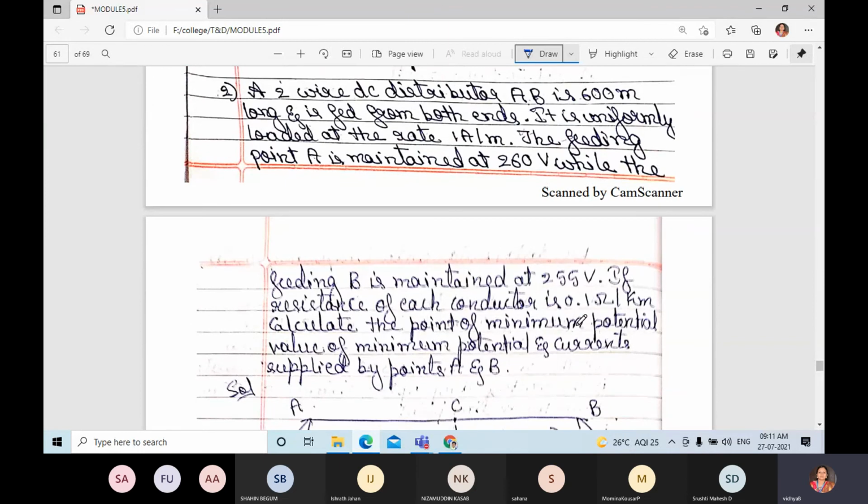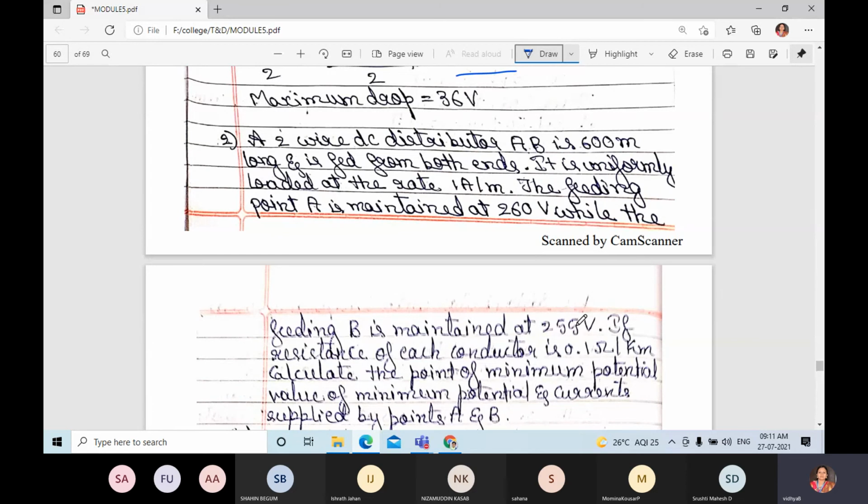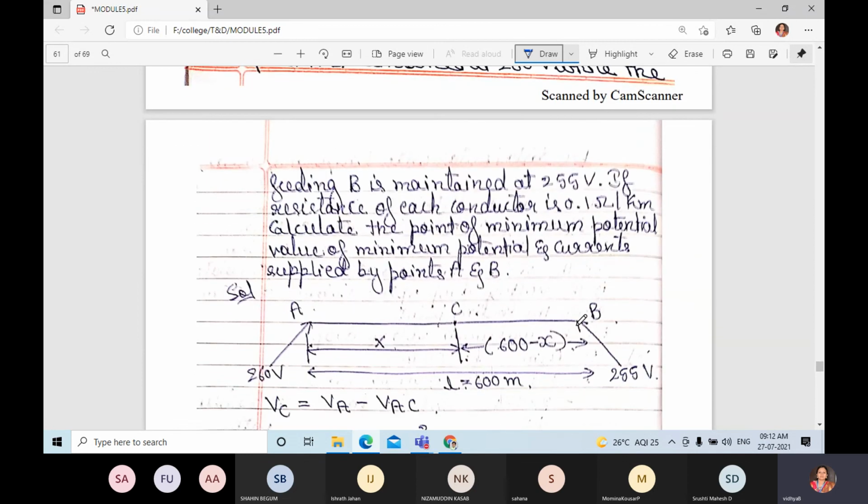The resistance of each conductor is 0.1 ohm. They have given the feeding voltage at A and B, the load current of 1 amp per meter, and the distance between A and B as 600 meter. They have asked to find the point of minimum potential, the value of minimum potential, and the current supplied by points A and B.